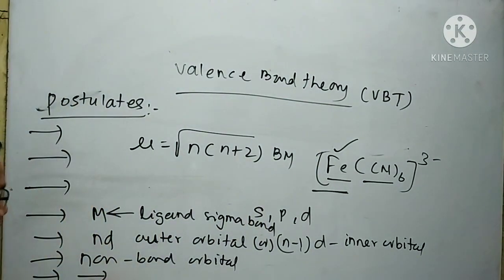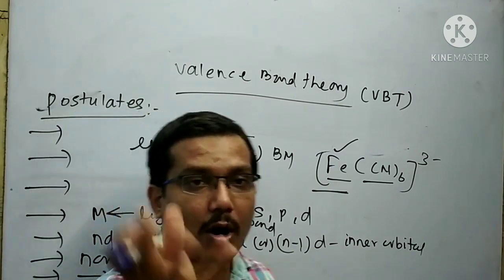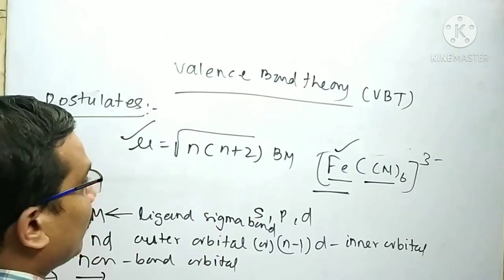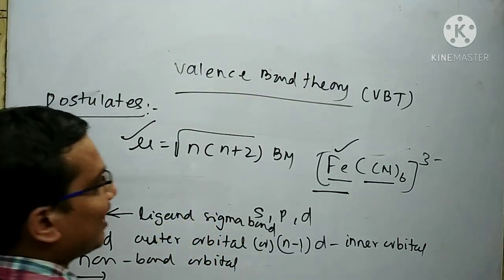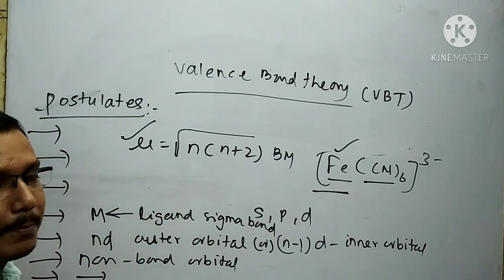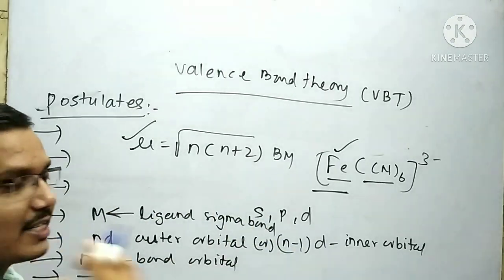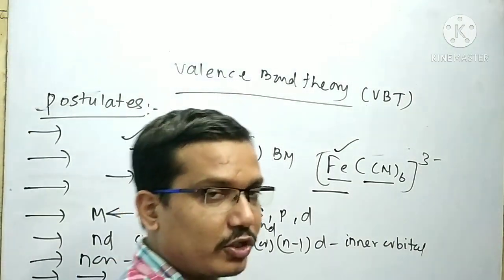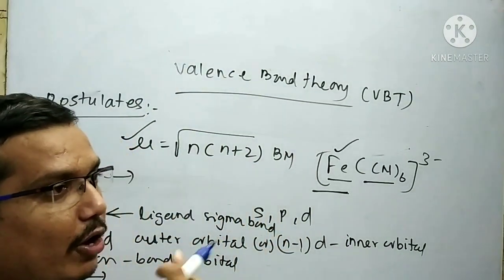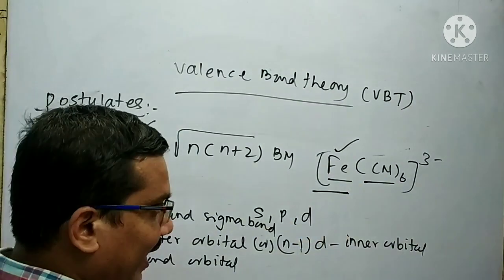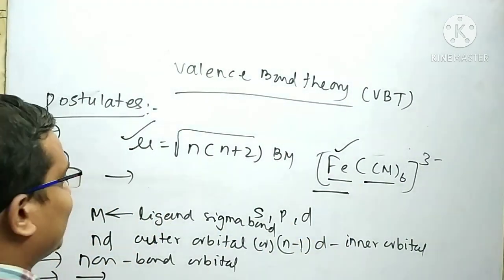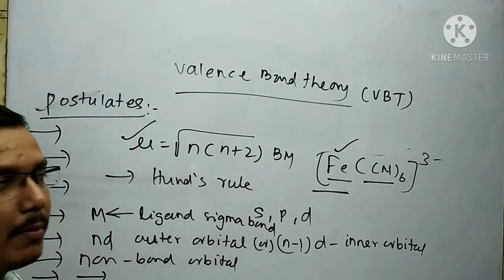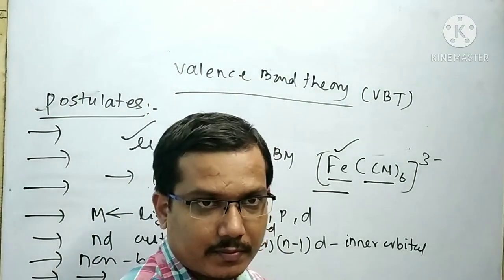Next, with the help of the number of unpaired electrons and the magnetic moment, we can determine the shape of a complex ion or coordination compound. Next, under the influence of a strong field ligand, the unpaired electrons may get paired up against Hund's rule. These are the postulates of Valency Bond Theory.